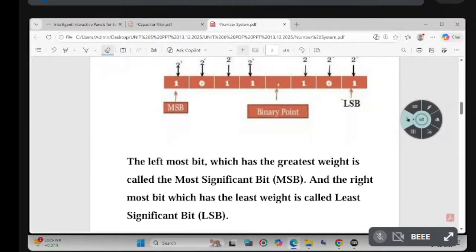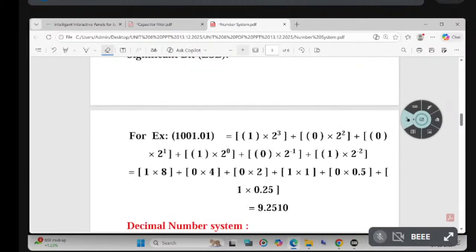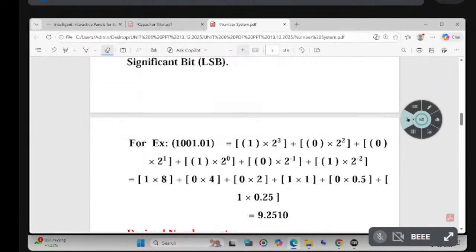Next one. Go for the decimal. Make it power of 2. 1 into 2 cube, 0 into 2 square, 0 into 2 to the power of 1, 1 into 2 to the power of 0.